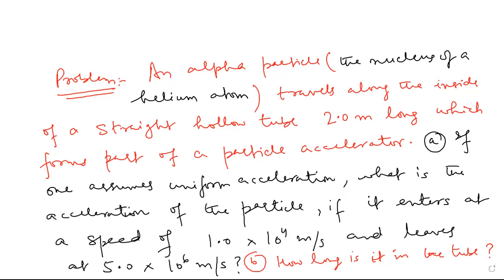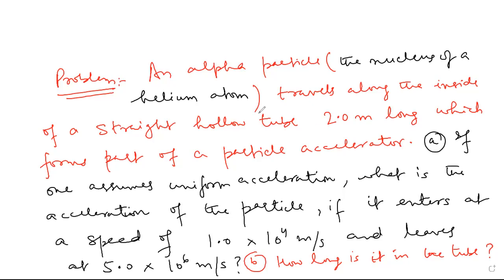Part A says if one assumes uniform acceleration, what is the acceleration of the particle if it enters at a speed of 1 into 10 raised power 4 meter per second and leaves at 5 into 10 raised power 6 meter per second? Part B says how long is it in the tube?